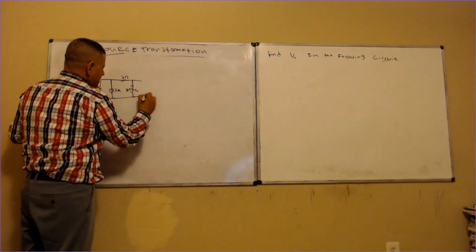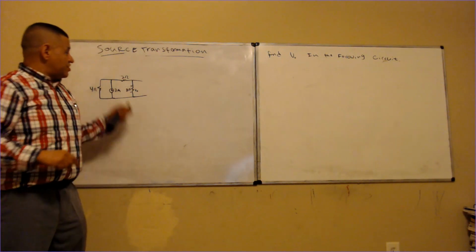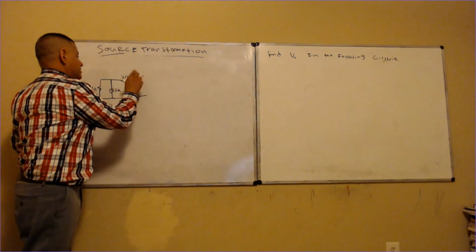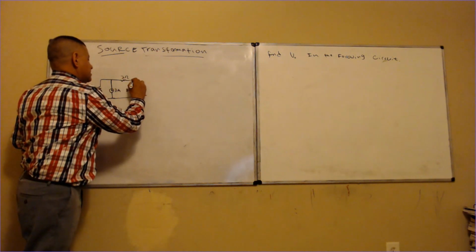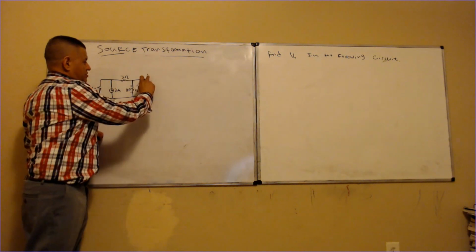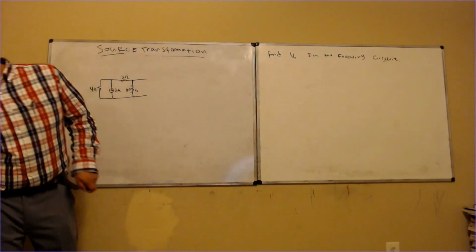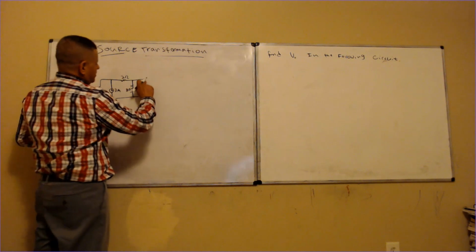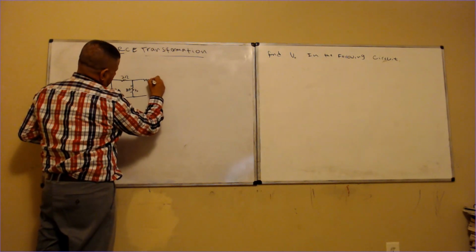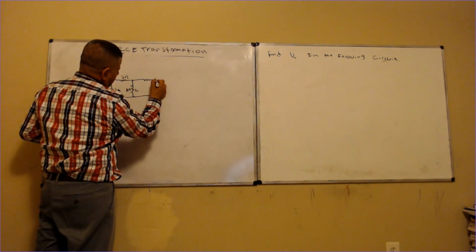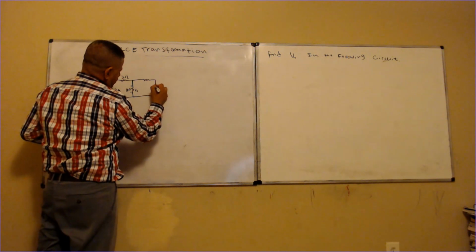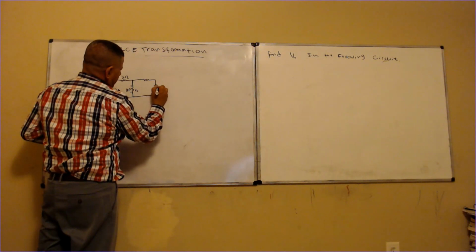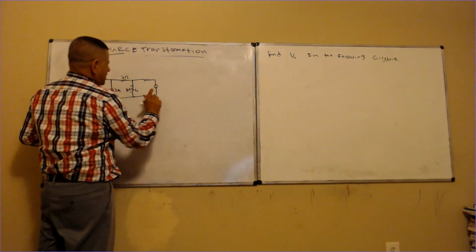But then the circuit continues to the other side of this. At the end of that, I have another resistor, and then I have a voltage source with plus and minus like that.